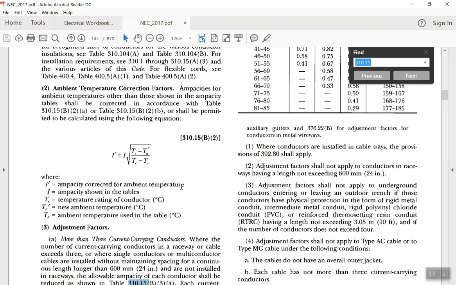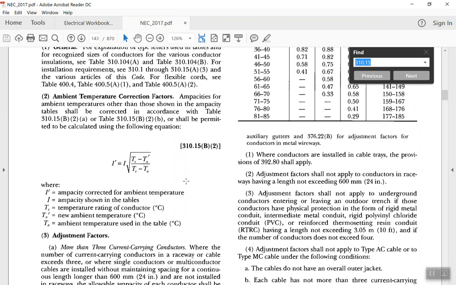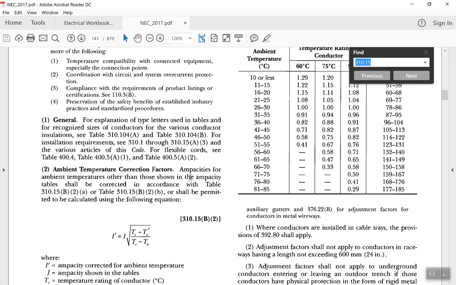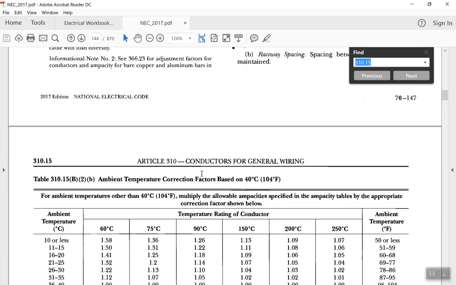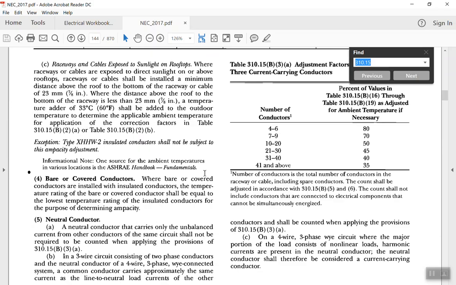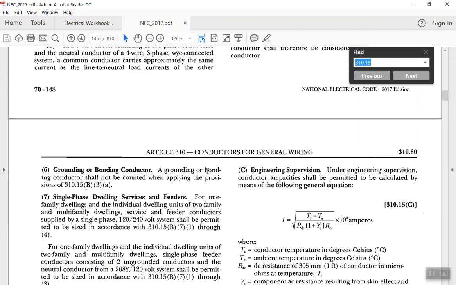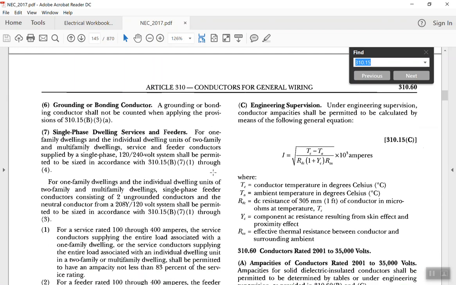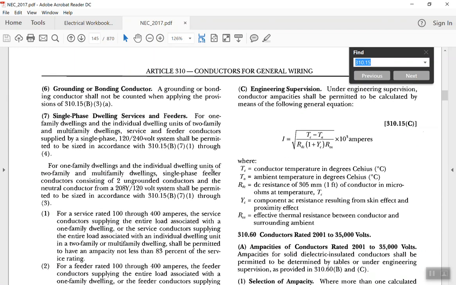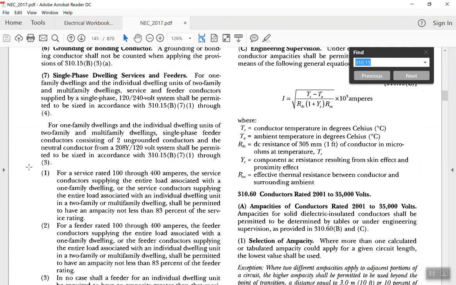And we're going to 310.15(B)(7), and then we're going to (B)(7)(1). That's hard to find. Okay, I almost messed it up myself.